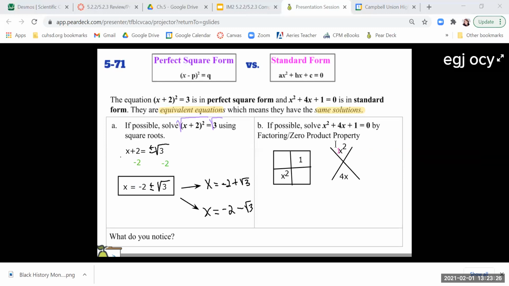The only way I'm going to get 1x squared is with x times x. And if I put x here and x here, those do not add up to 4x. They multiply to be 1x squared, but they do not add up to be 4x. So we cannot finish this factoring problem. This is not possible. This does not factor.